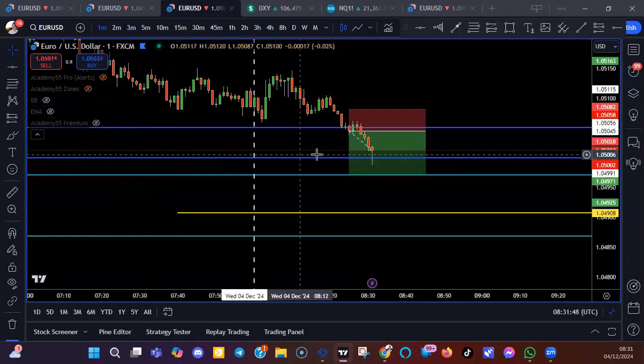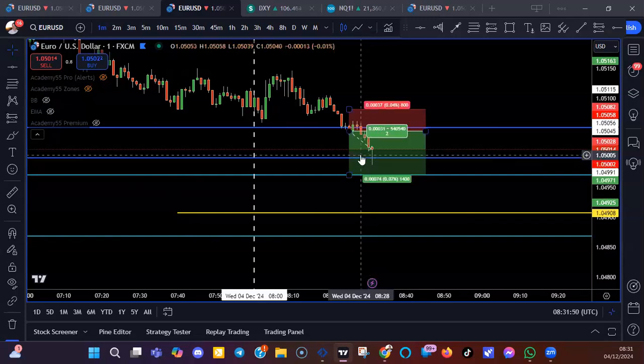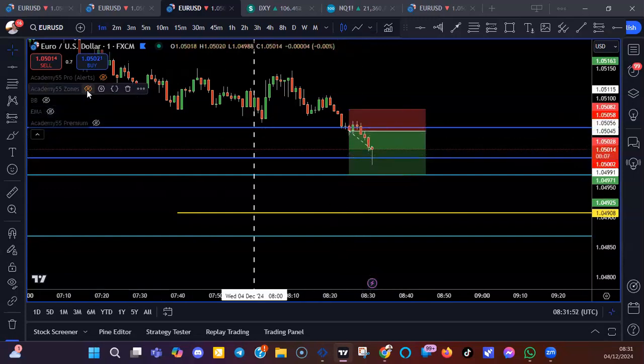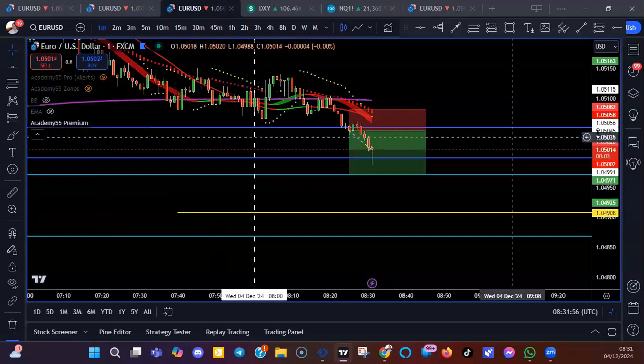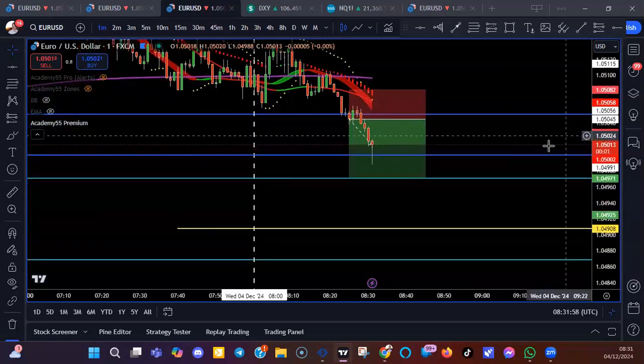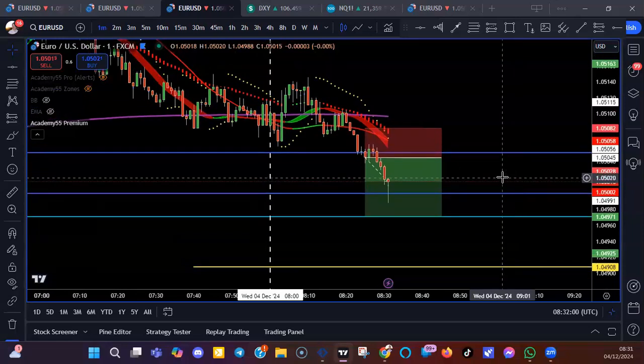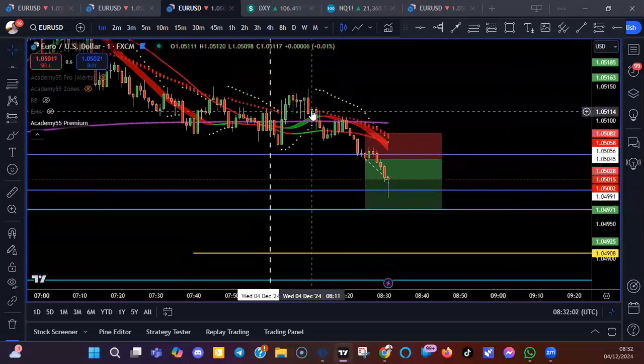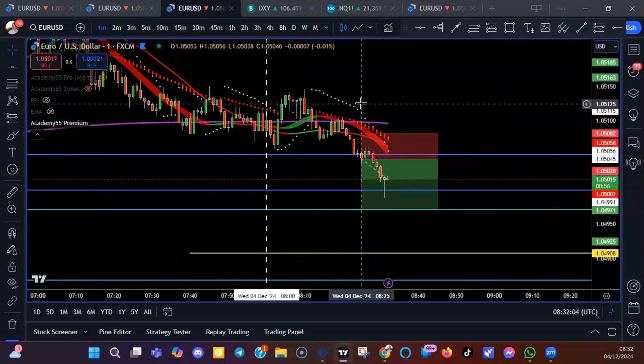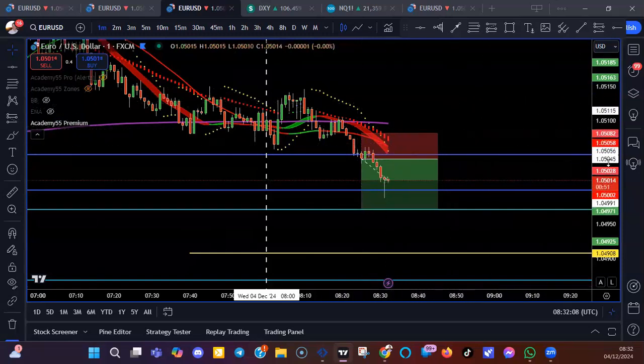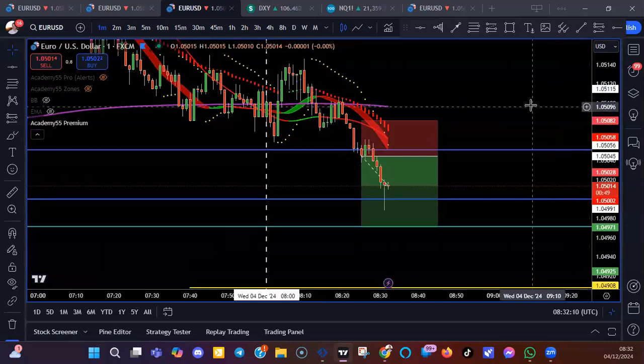But so it's reacting off that line now, look. Don't worry, we're not in any trade. Didn't get an alert or nothing. Just a scenario of things to look out for and why we look out for them.